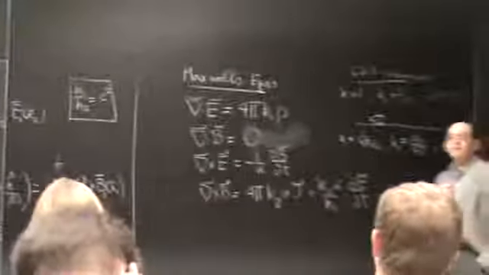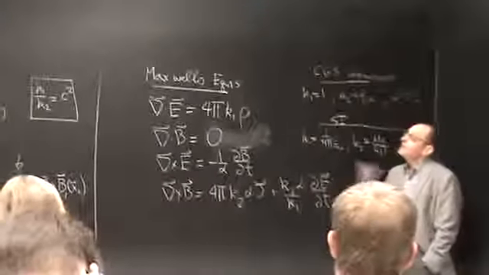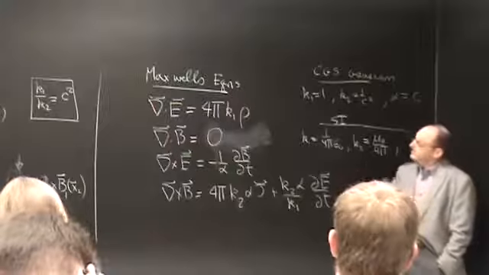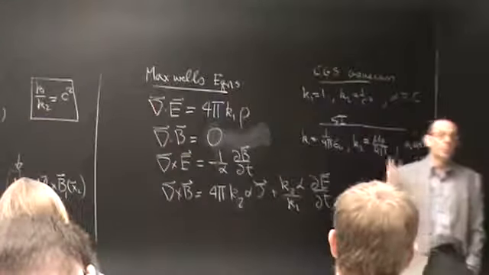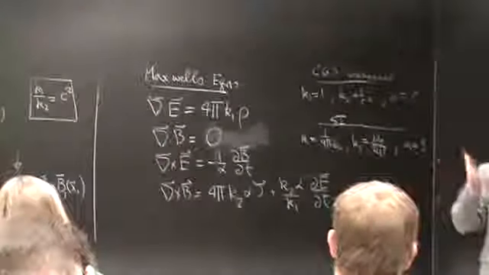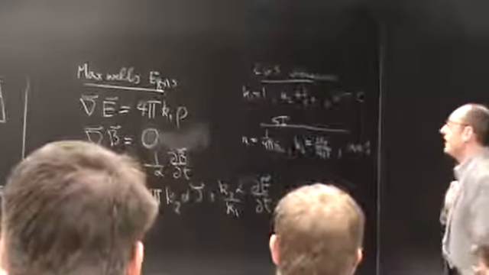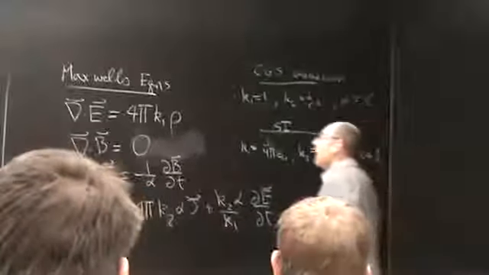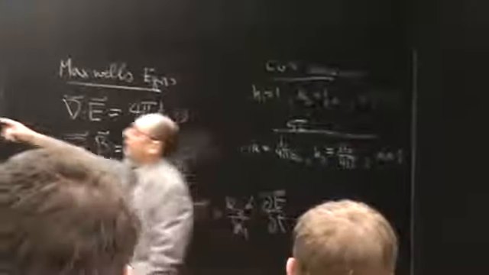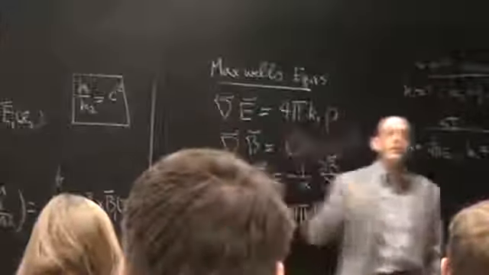So written in terms of these constants, this is a question Brad asked at the end of lecture last time, we could write Maxwell's equations in a general form in terms of these three conversion factors, K1, K2, and alpha. Once we constrain K1 and K2 to go into the speed of light, it's really two constants.